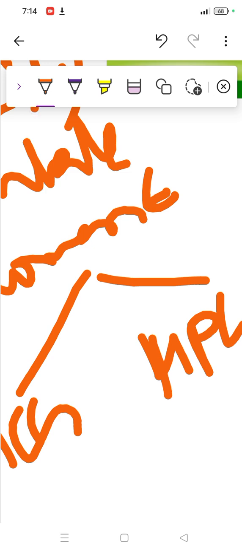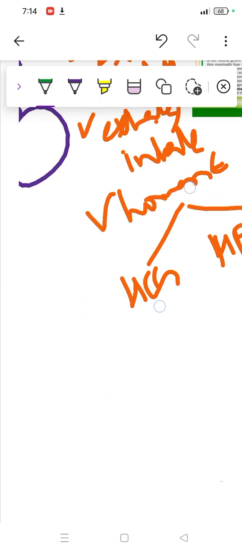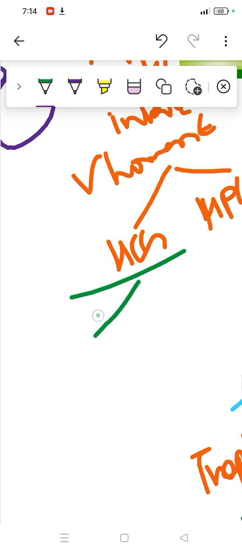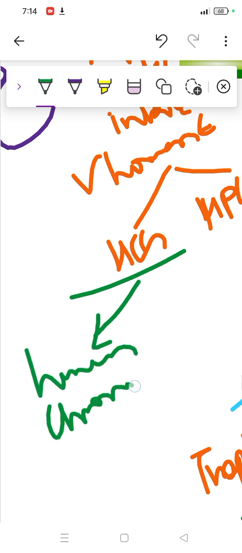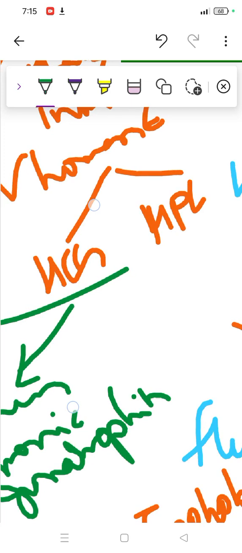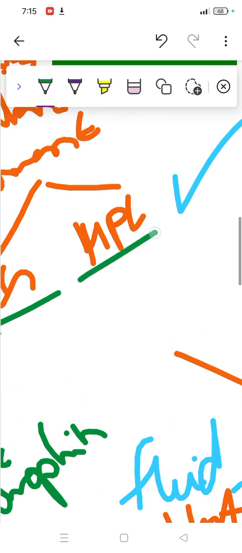So what these hormones are, I could introduce them. So hCG is simply human chorionic gonadotrophin hormone. Then comes hPL, that's simply human placental lactogen.